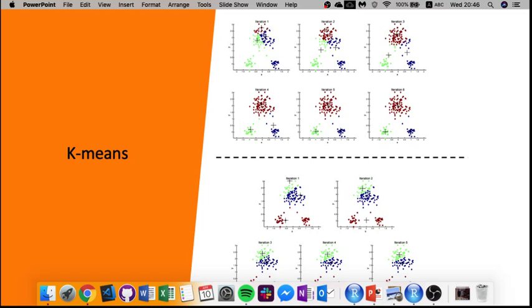Yeah, and to define if the first initialization was good or not, we have to have some metrics.